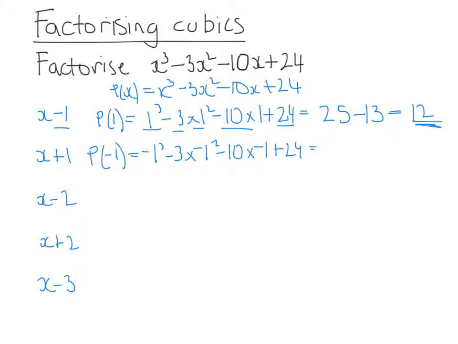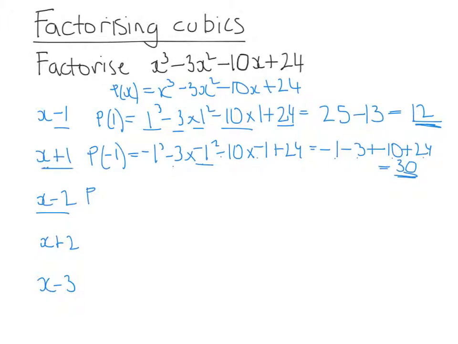Now, minus 1 cubed is 1, minus 1 squared is 1, minus 3 times 1 is minus 3, minus 10 times minus 1 is 10 plus 24. Now that's equal to 10 plus 24 is 34. Take away 1, take away another 3 is 30. Well, since we end up with a remainder of 30, x plus 1 can't be a factor.